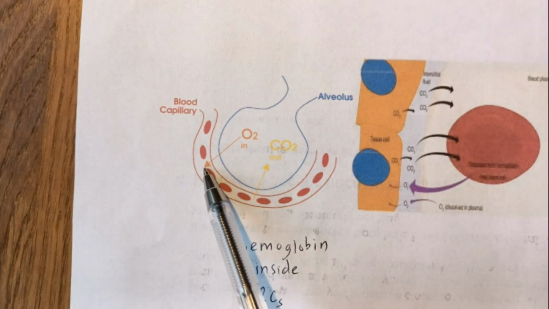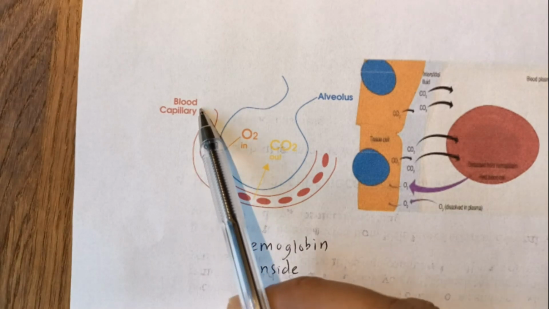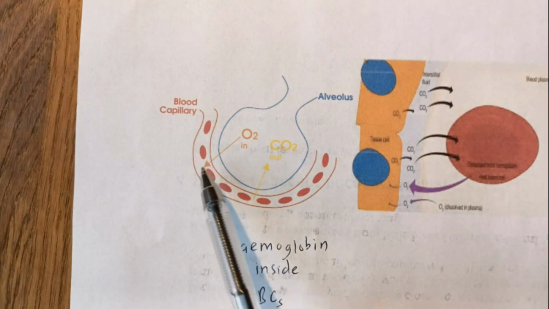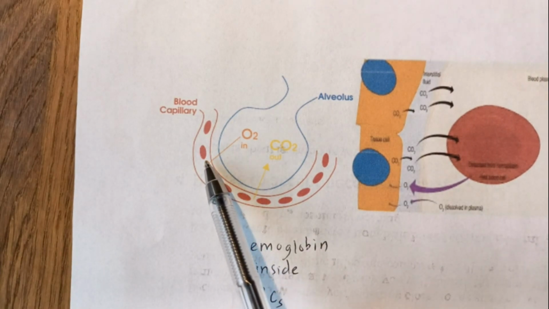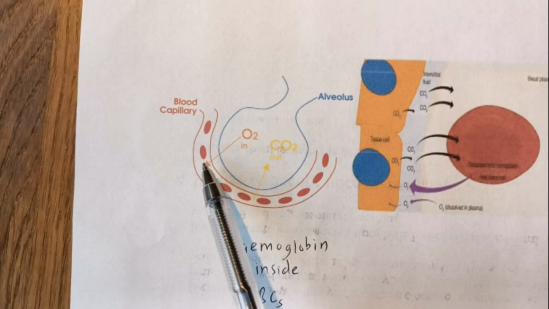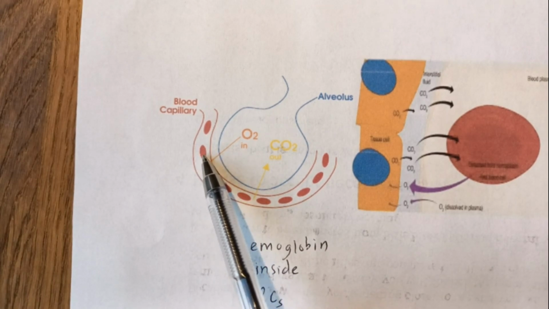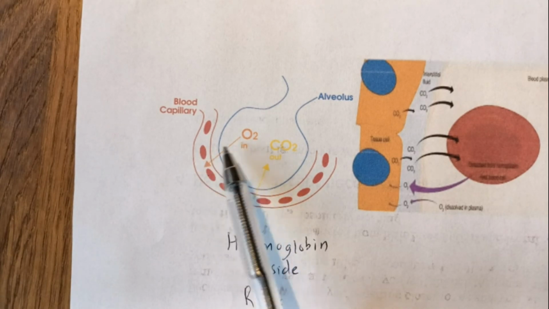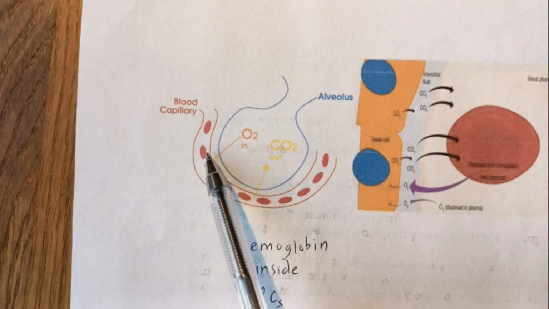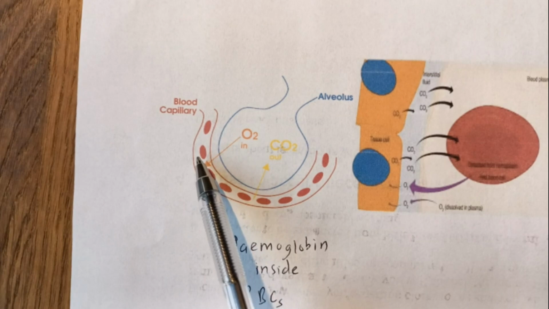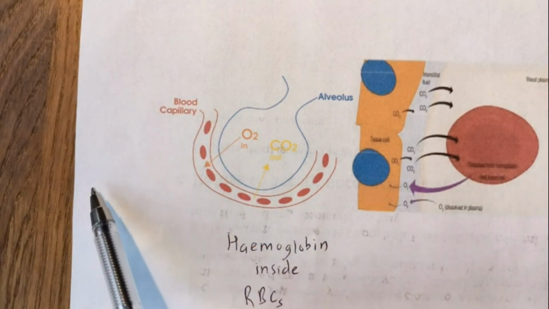Because simple diffusion is all right at the alveolus level, but from here onwards, simple diffusion would be very inefficient to carry the oxygen into the blood. That is why the blood pigment, that is hemoglobin in human beings, takes oxygen with it, and this oxygenated hemoglobin takes the blood away from the lungs to different body parts.